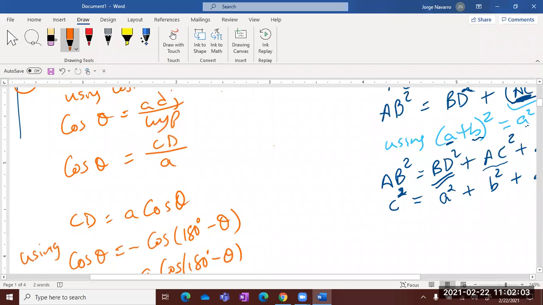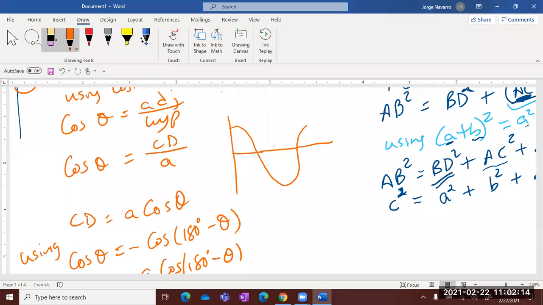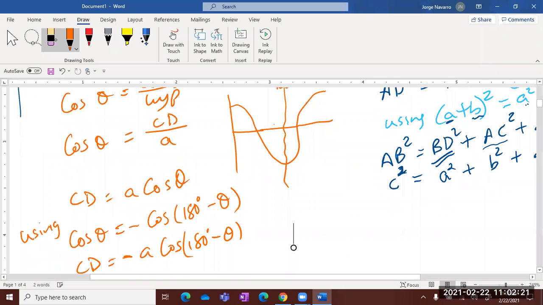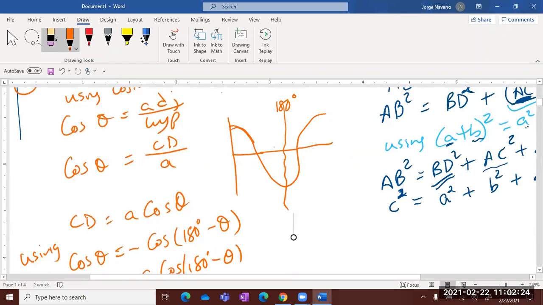a cosine graph looks like this in its entirety. The middle point is 180, all right? But this and this are symmetrical, but where this is positive, this is negative.